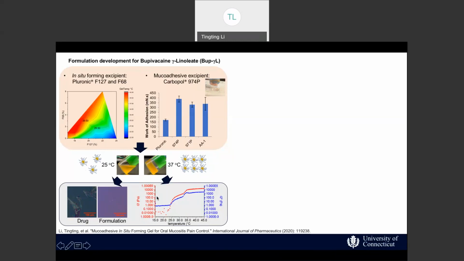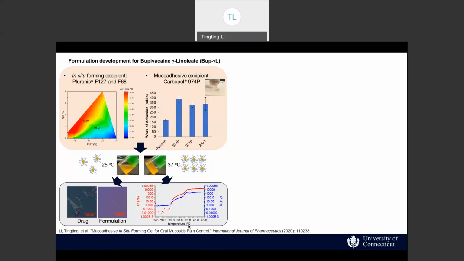So, the figure here with G prime and G double prime is a result of rheological characterization. G prime here is the storage modulus, which indicates how solid your material is. And the G double prime here is called the loss modulus and indicates the liquid properties of an observed material.